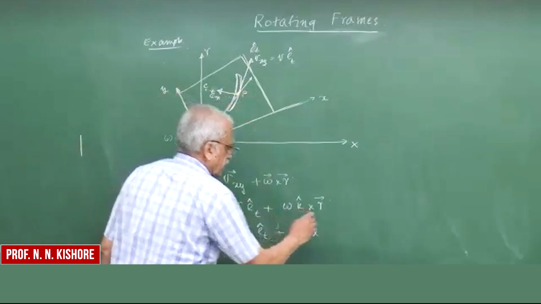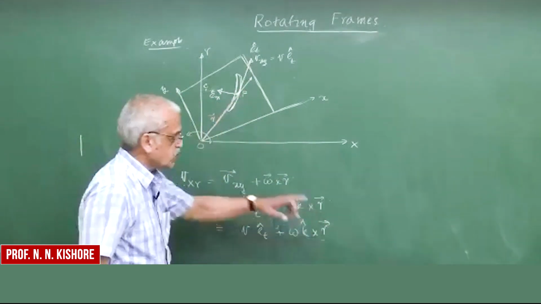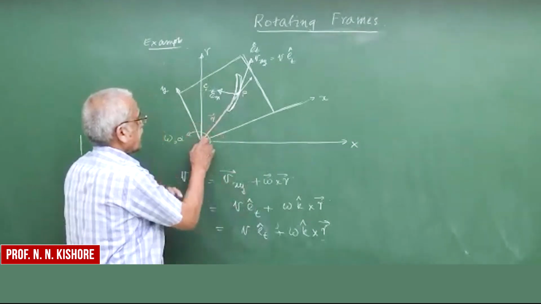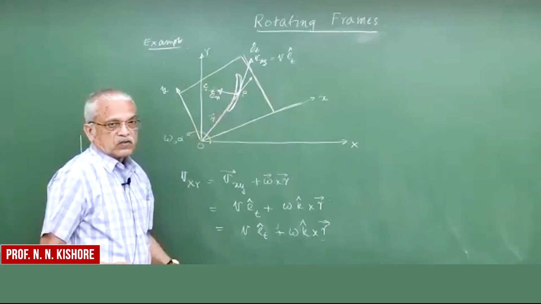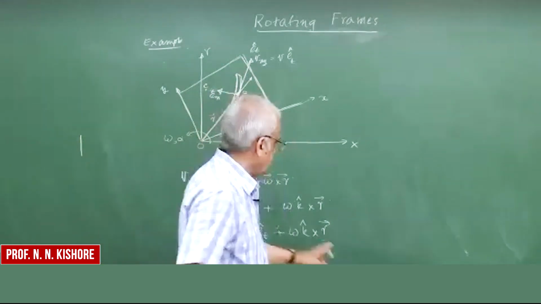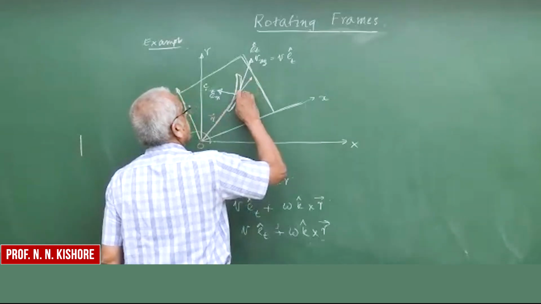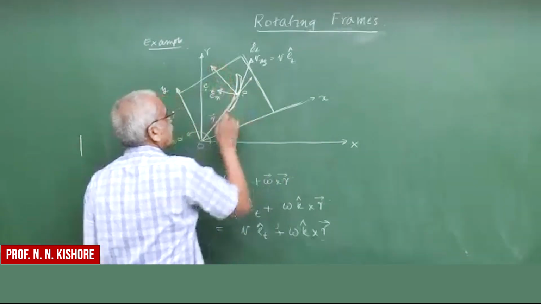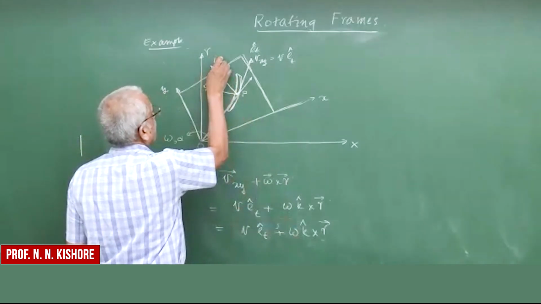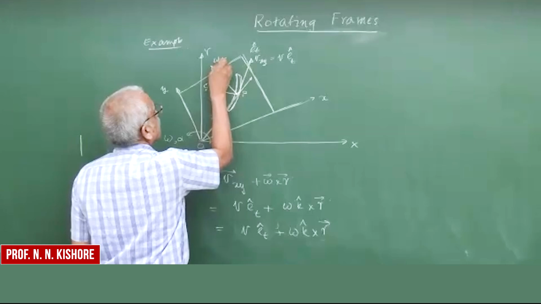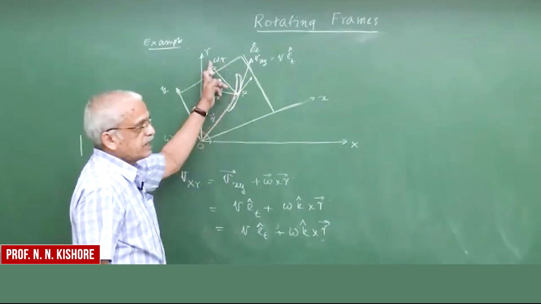And if you take a cross product with K, you have an omega like this, and then you have an R like this. So what is this component? This component is perpendicular to this. So this one, omega cross R, its magnitude is omega R, and it is in the direction.